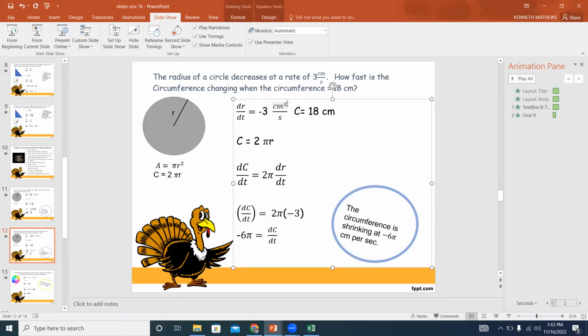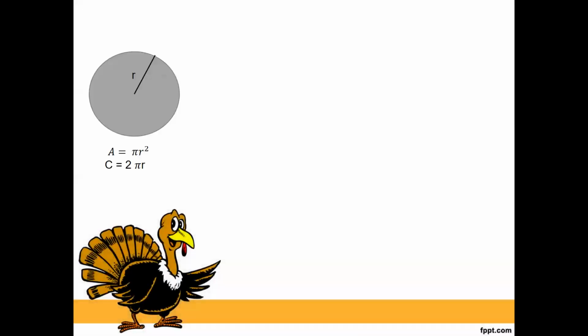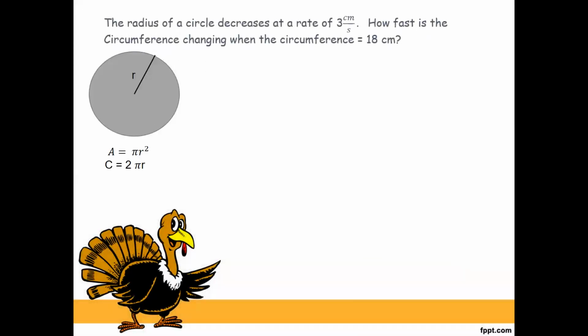My bad. Centimeters per second. How fast is the circumference changing when the circumference is 18 centimeters? So we know the rate of change of the radius, dr/dt, is negative 3 because it's decreasing. And the circumference is 18 centimeters.